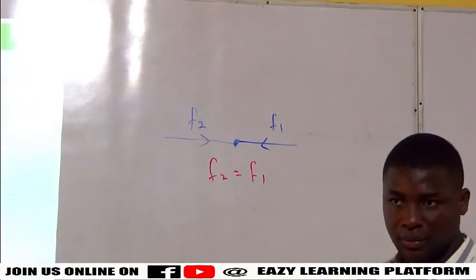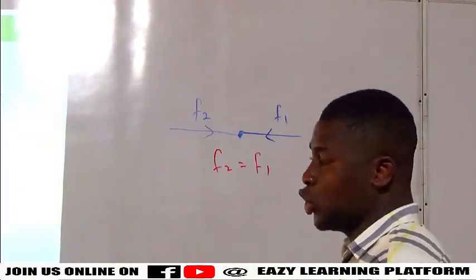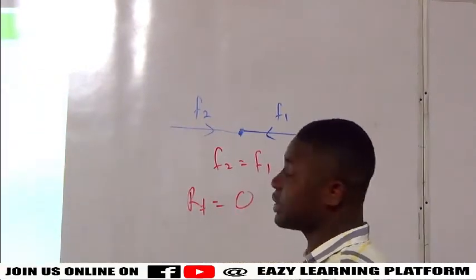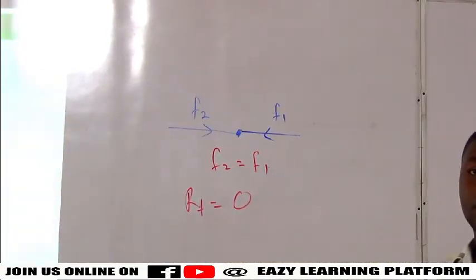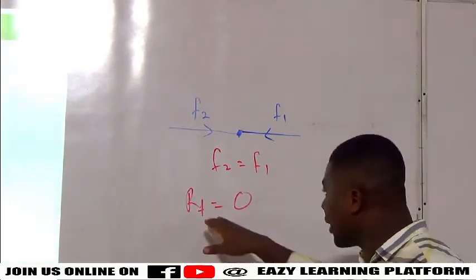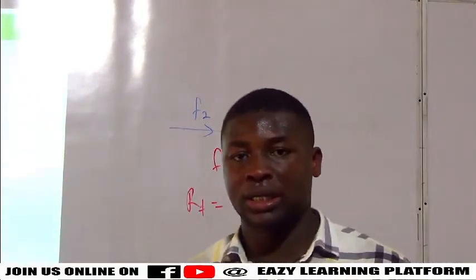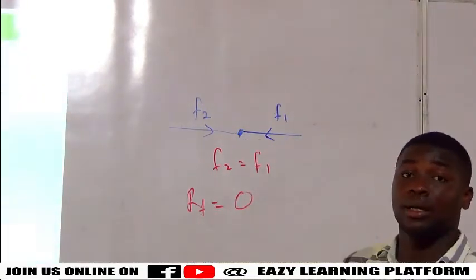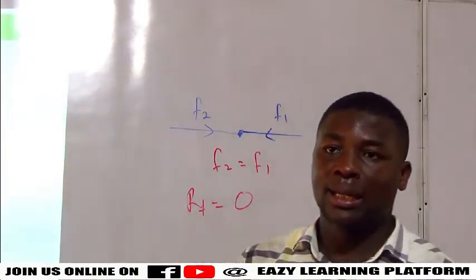F1. So that the resultant force will be equal to what? 0. Then you can say that the particle is in equilibrium.